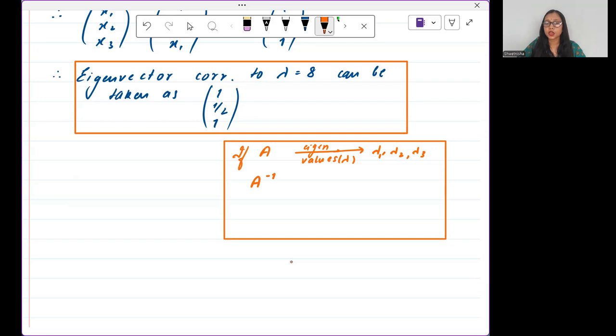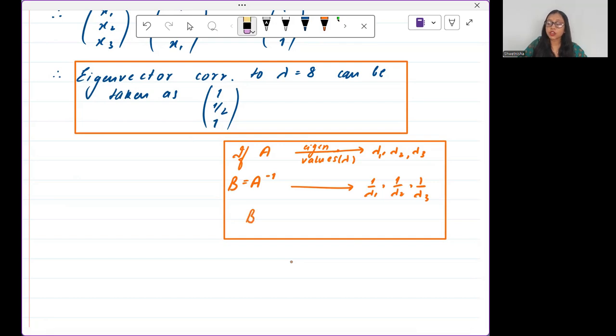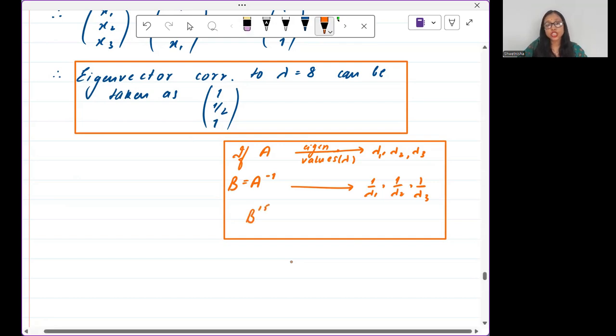The eigenvalues of this would be 1/lambda 1, 1/lambda 2, and 1/lambda 3. So eigenvalues also get reciprocated. And if I take that as B, and I know the eigenvalues of B, then what is the eigenvalue of B raised to power 15? You just do the power 15 for every eigenvalue that you have.